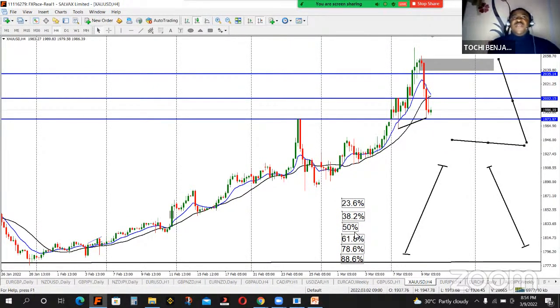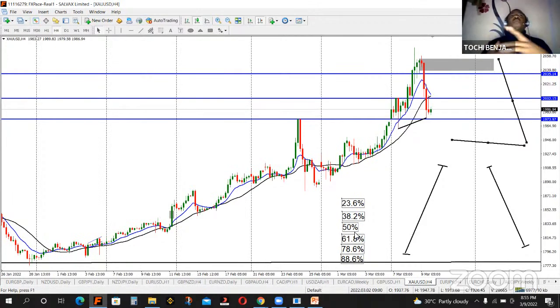If it has not gotten enough momentum, the market will step down again to 61.8, gather those people waiting at that bus stop for a buy. They will join the vehicle. If the momentum is not enough, it will still step down to the 78.6 retracement level and gather the buyers waiting there. Now, if it is not enough, it will go down to 88.6 and gather those traders that are waiting there for a buy.